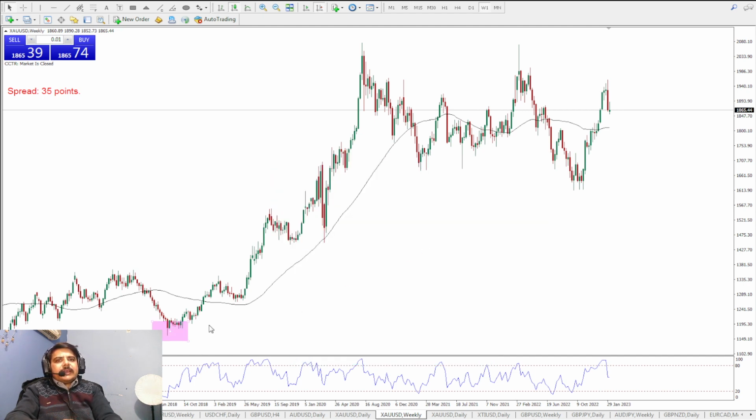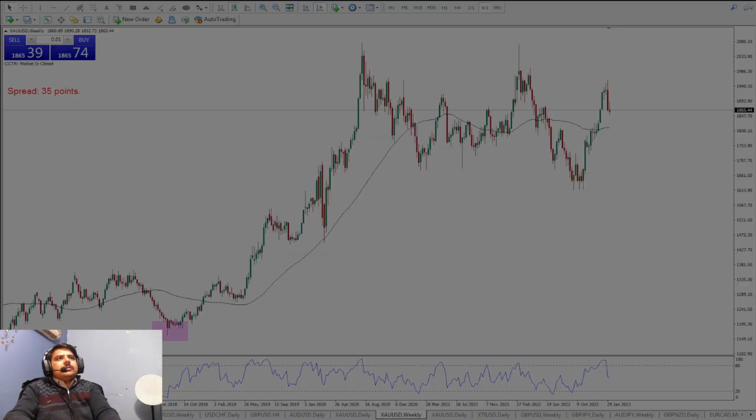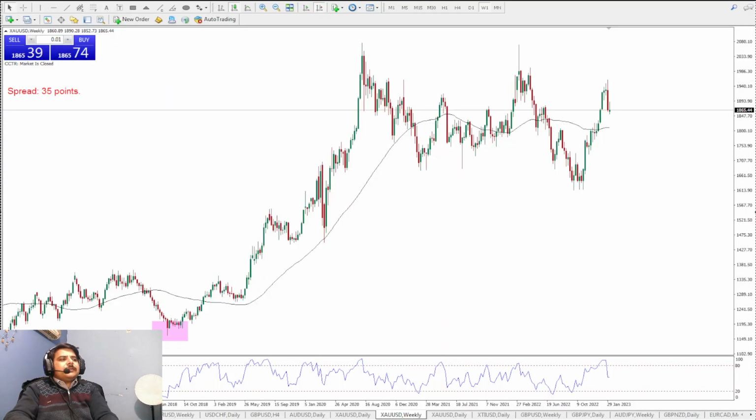I'm looking at this low, and this whole market is giving me this story: the previous story finished right here. Everyone knows it.